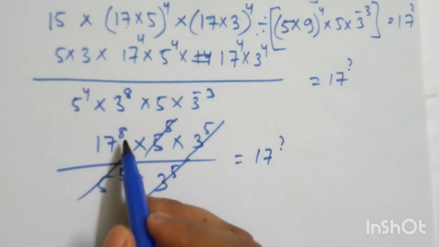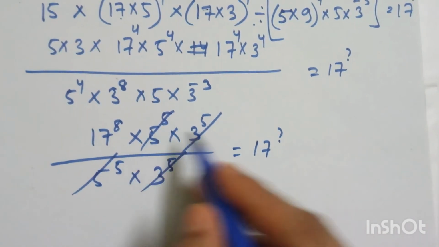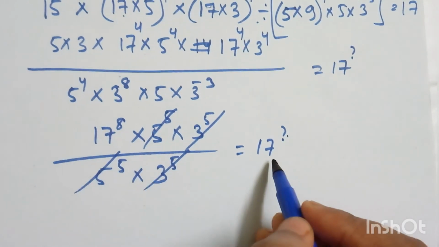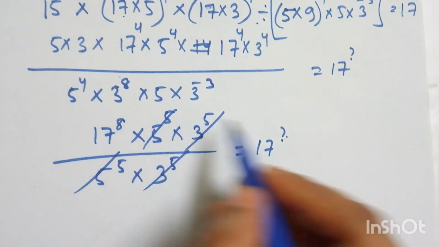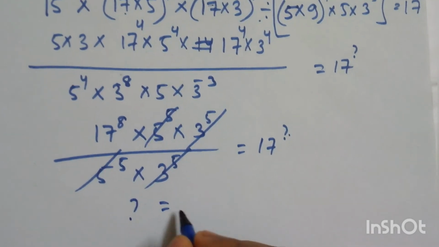So here the left hand side is 17 to the power 8 and here 17 to the power something. So the base is the same here, 17, so the power will be the same. So this question mark will be 8.